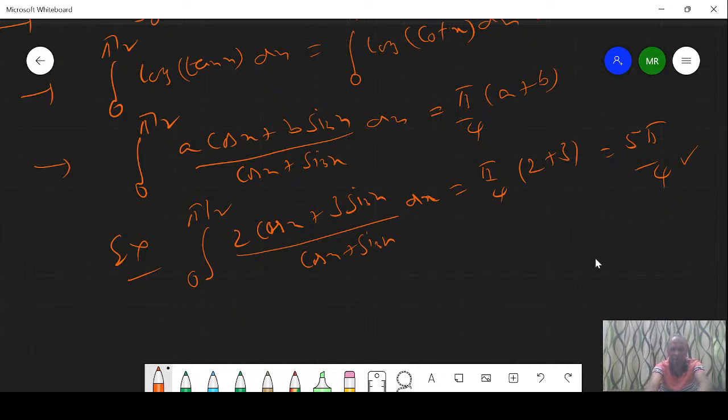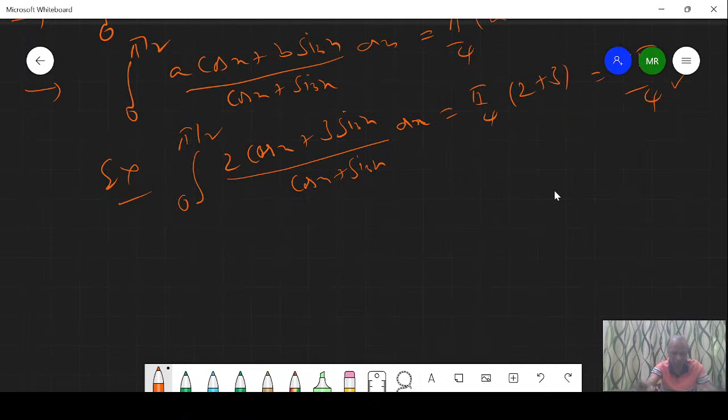Similarly, the combination of tan and cot.